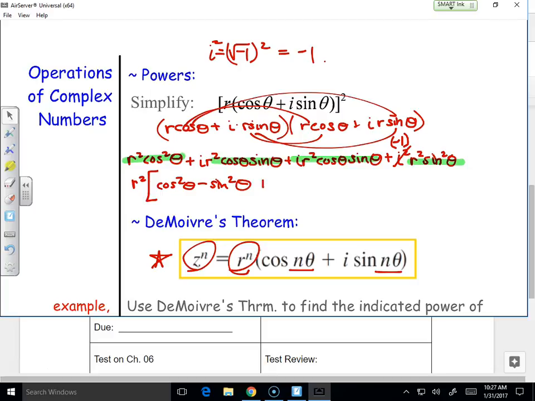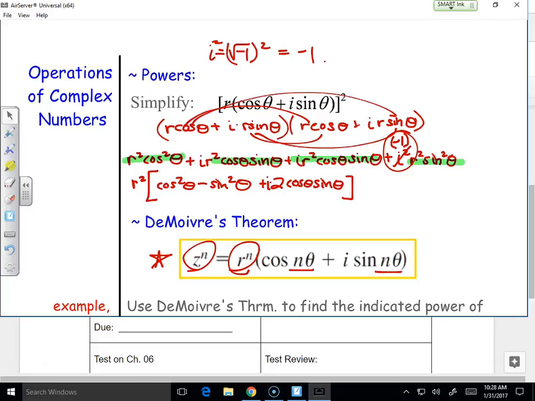So we're going to have plus 2 cosine sine times i. I guess we could put the i in front, because that was nice with the i in front. Yes.